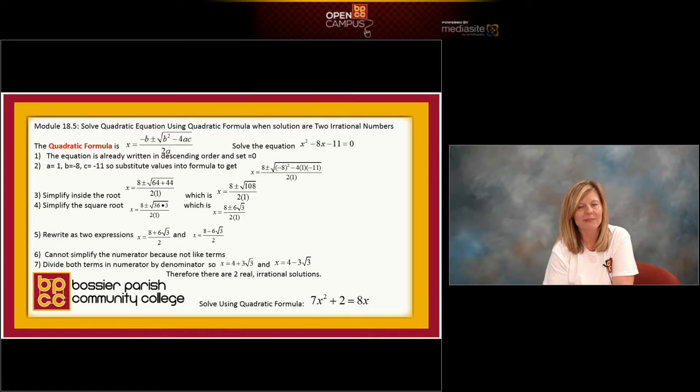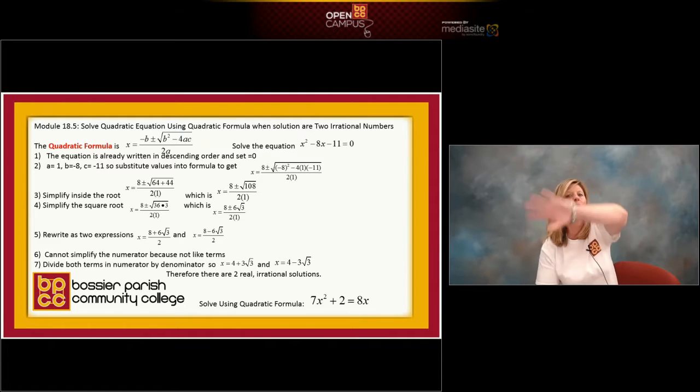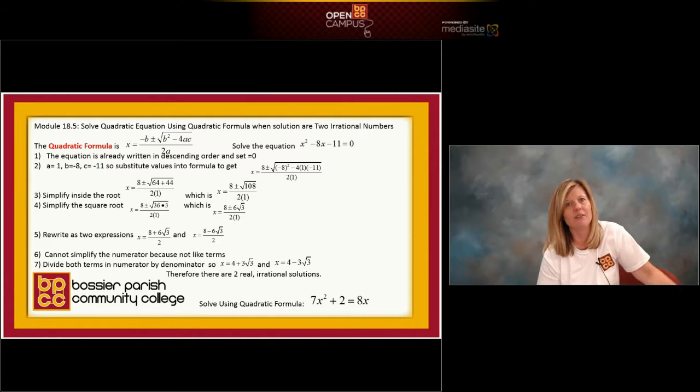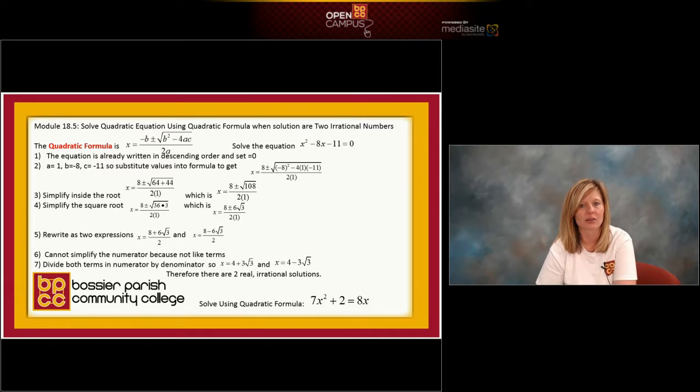And now we have to do the square root. Well, everybody look closely. We all know 108 is not a perfect square. But you can't leave that answer because you have to reduce it. So now we're going back to our modules 15, 14, 13. How do you reduce a square root? You find the largest perfect square in 108, which happens to be 36.